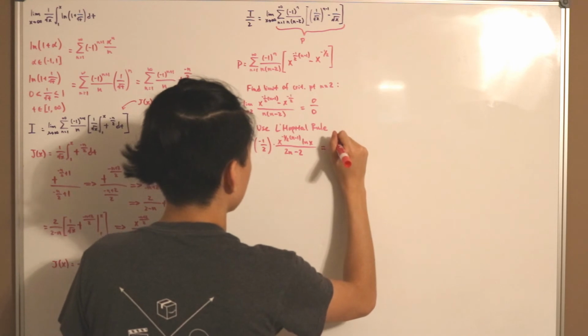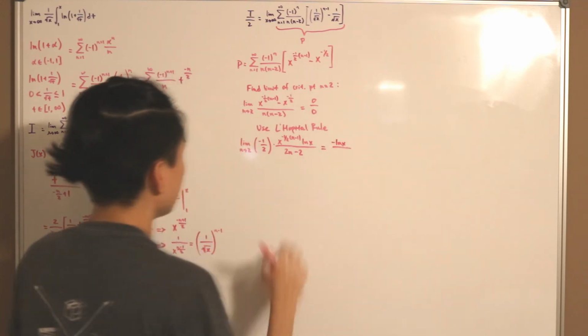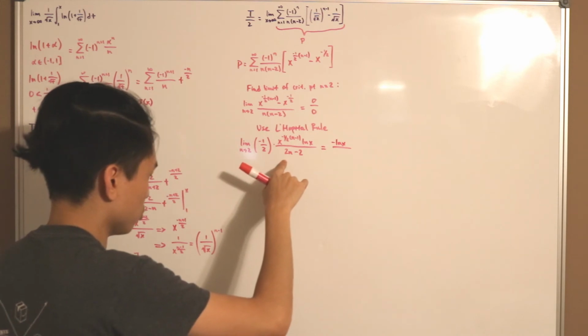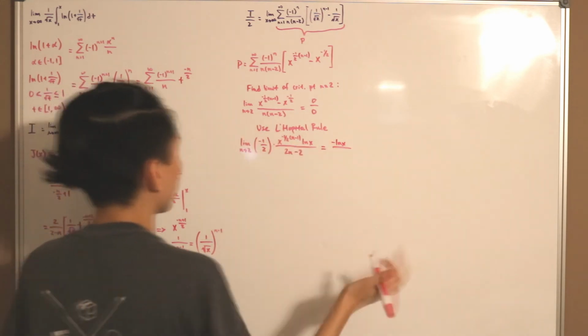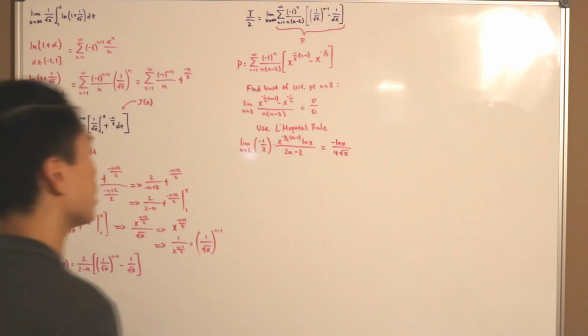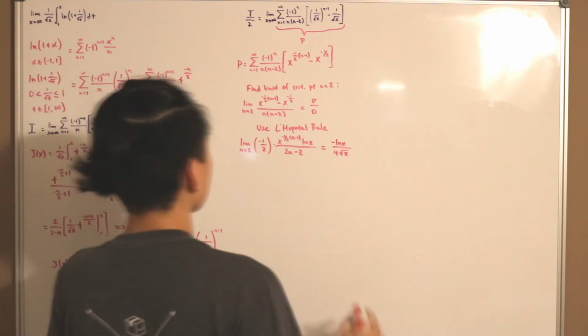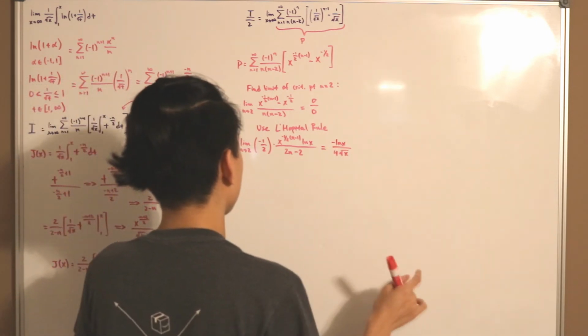So in the numerator is the negative ln of x, then divided by 2 times 2, 4 minus 2, 2, then multiplied by 2 is 4. So there we go. When n equals 2 for our index, it is equal to the negative natural log of x divided by 4 times the square root of x.